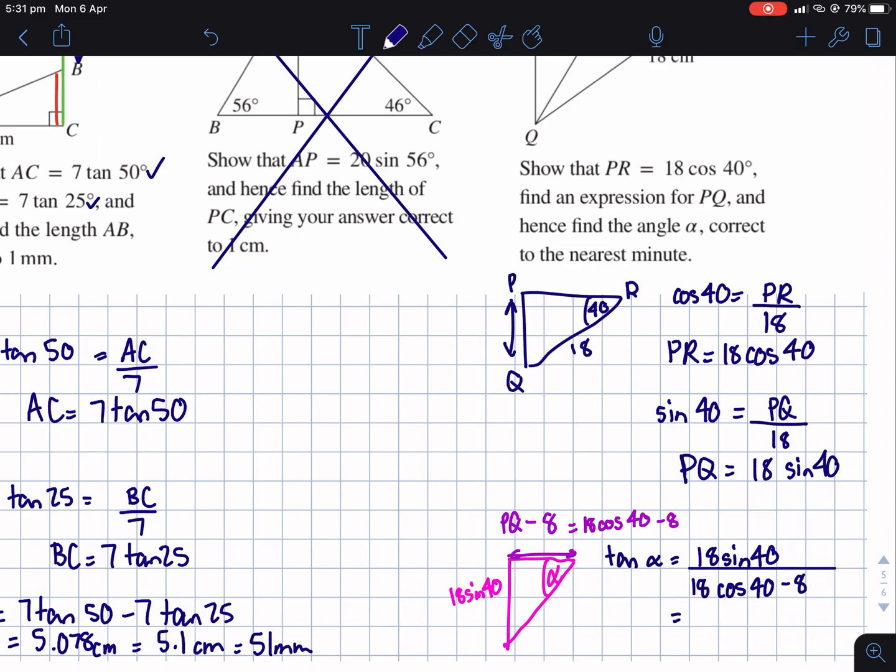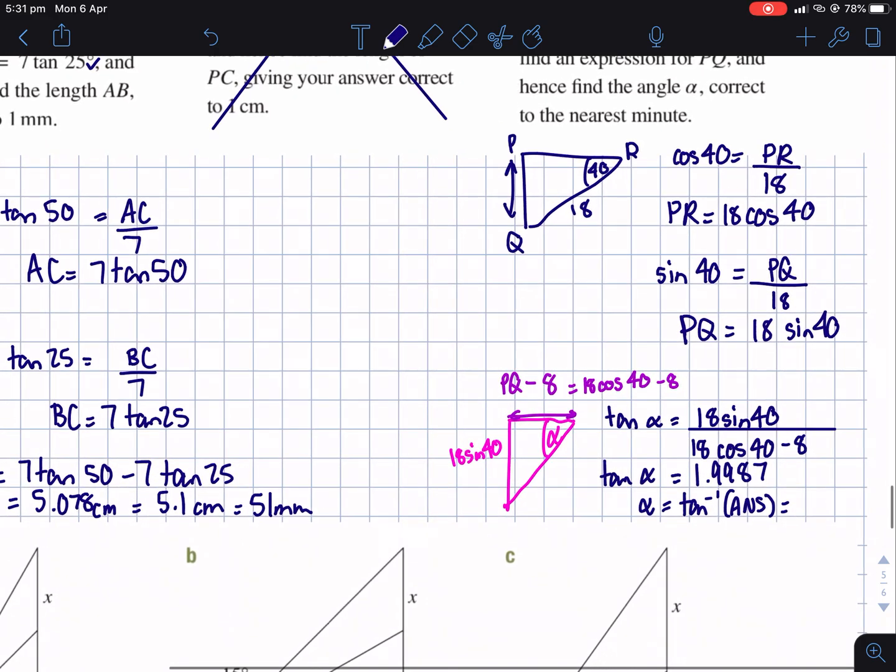Remember your brackets. So tan alpha equals 1.9987, etc. So alpha equals arctan of that answer, which is 63 degrees 25 minutes.